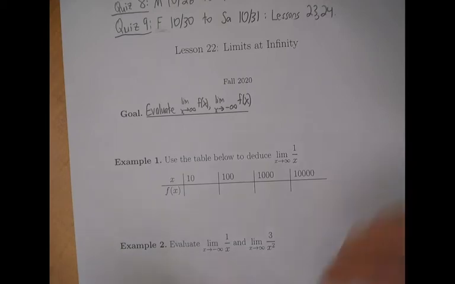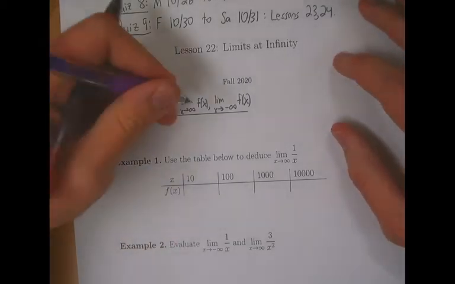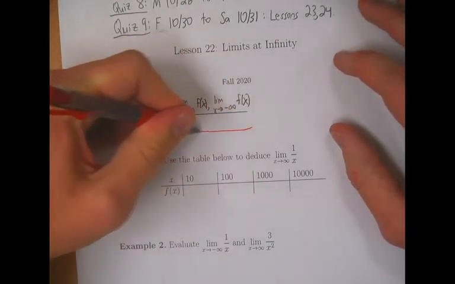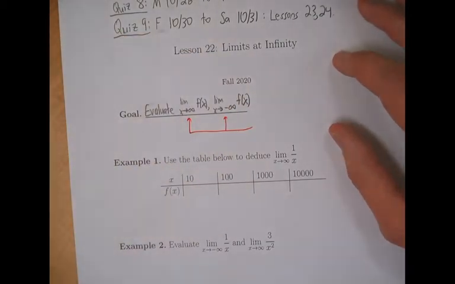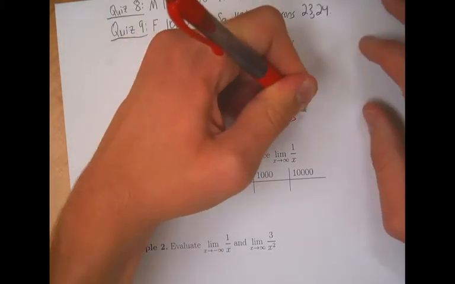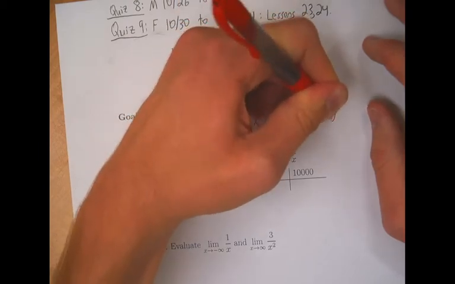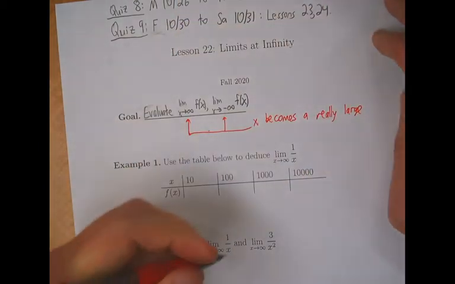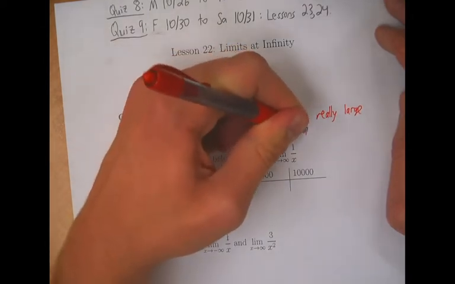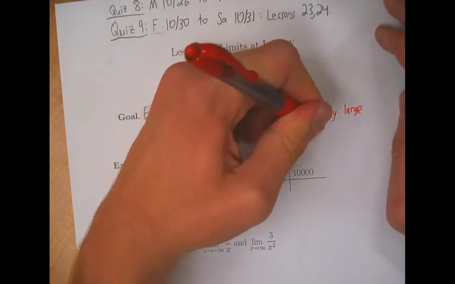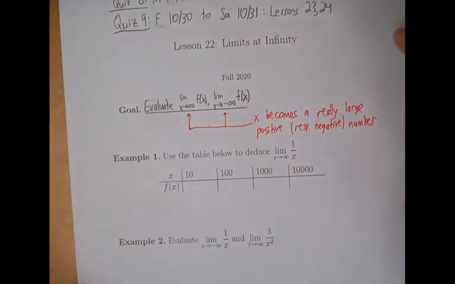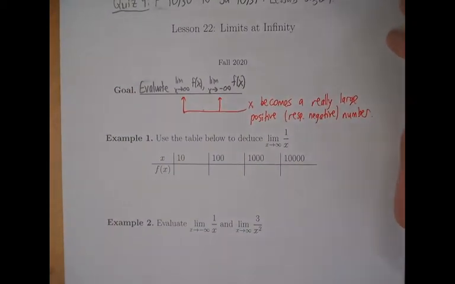Okay, so basically the idea is that in this case, we still have limits, but now x becomes a really large positive, or respectively negative, number. Okay? So that's basically the idea behind what these limits are.